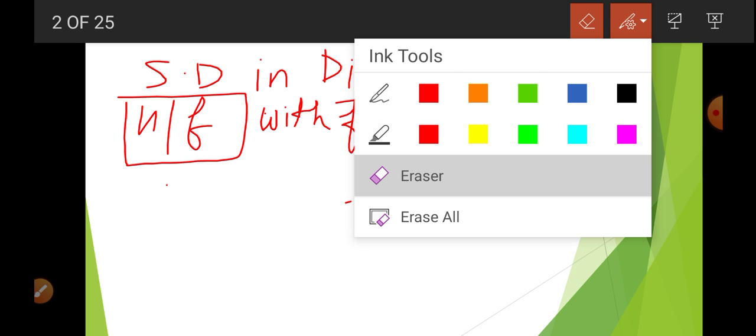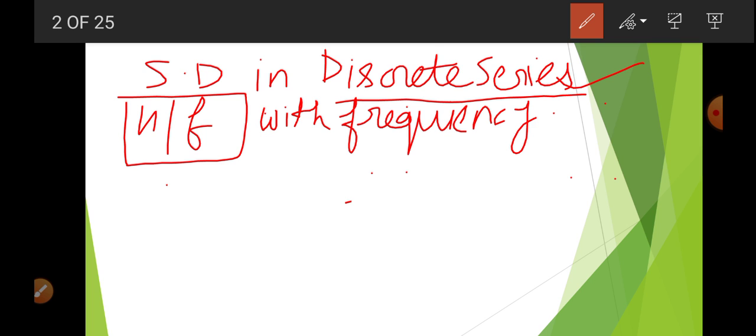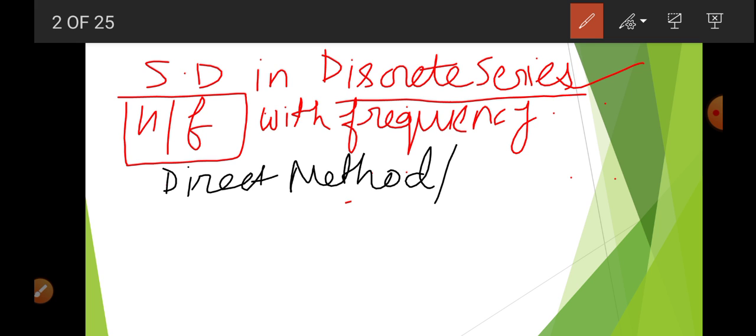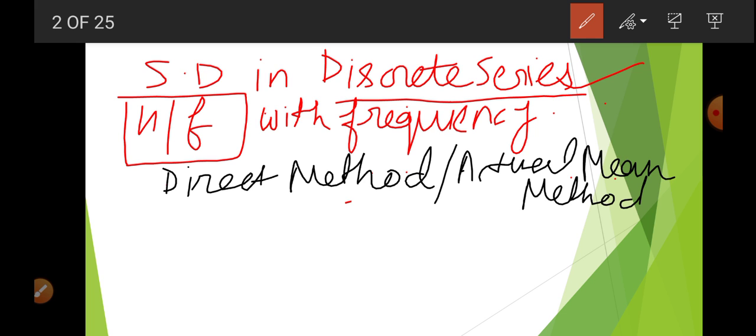So how we are going to calculate? In direct method, that is also known as actual mean method, first thing that you are going to do is calculation of mean.